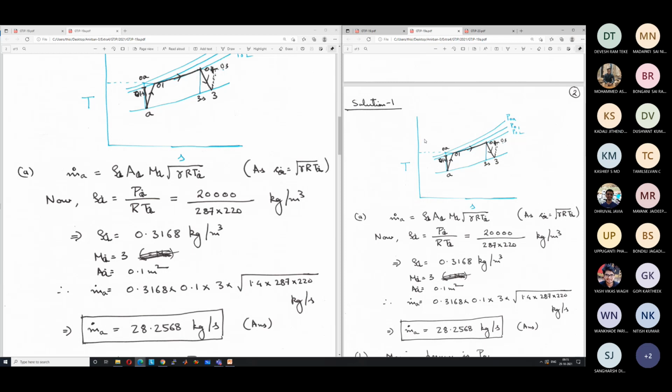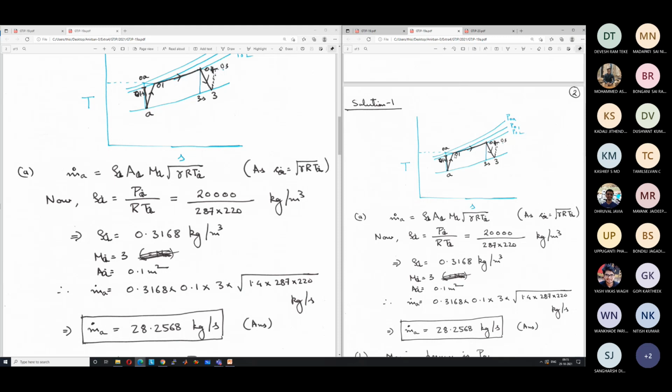From diffuser efficiency, first we will find the temperature at 0A.